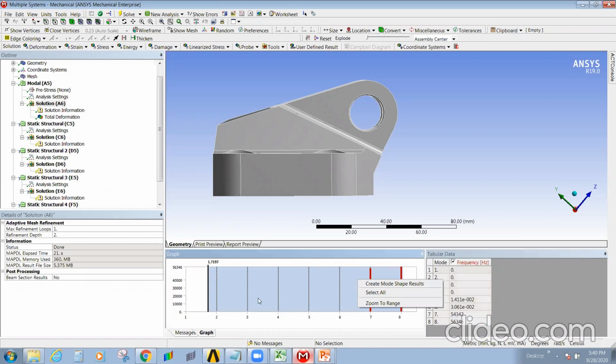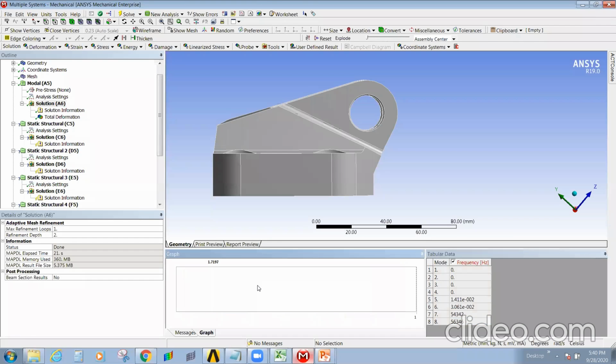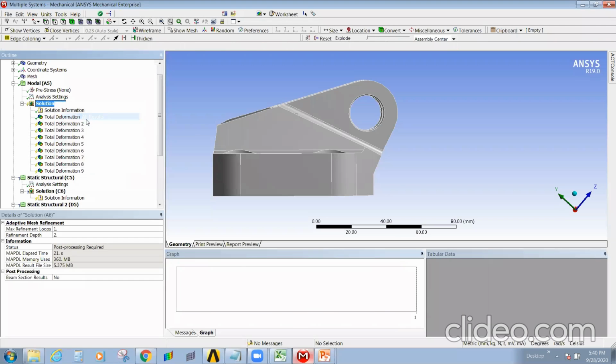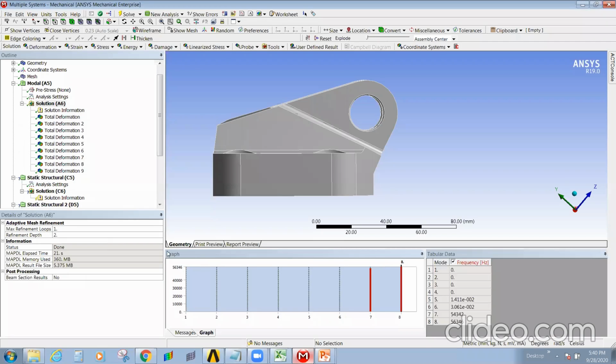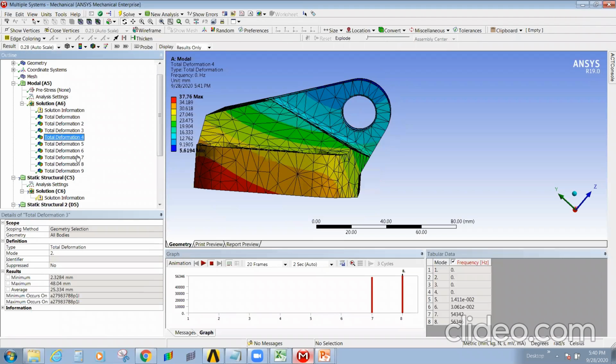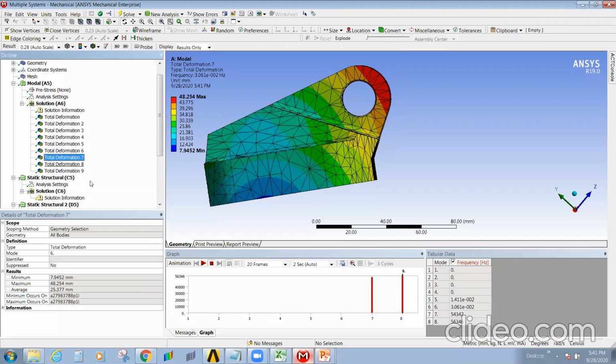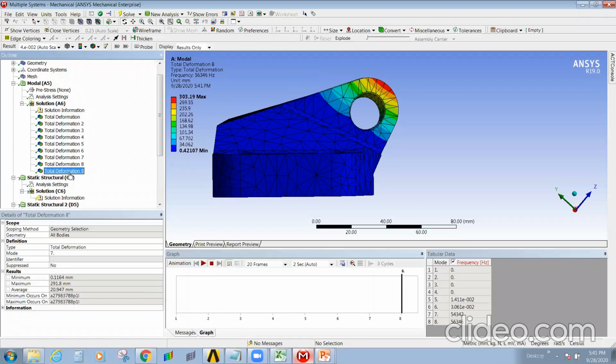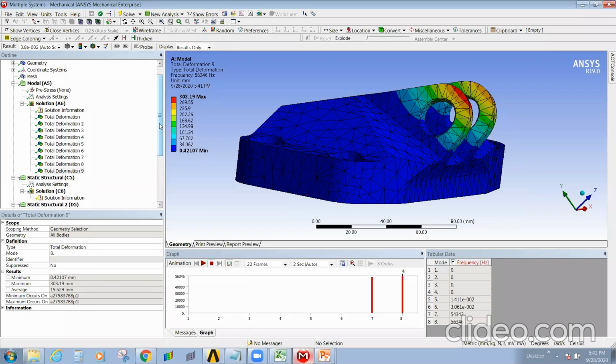You can even select all and generate the mode shapes, just give evaluate results. So you can check all 6 modes are at 0 hertz, and the 7th mode has a positive frequency value. Okay, so this is your free run.